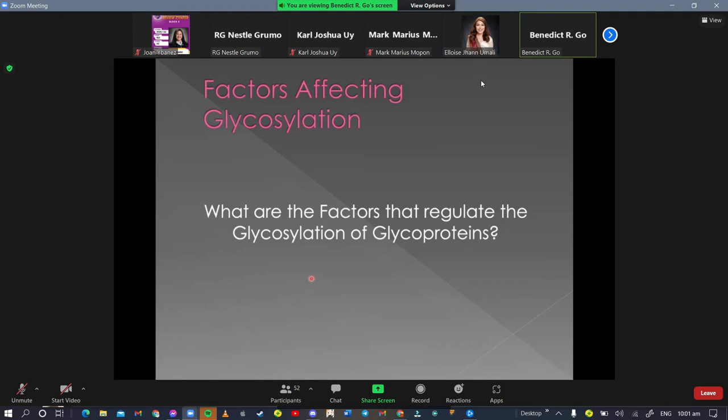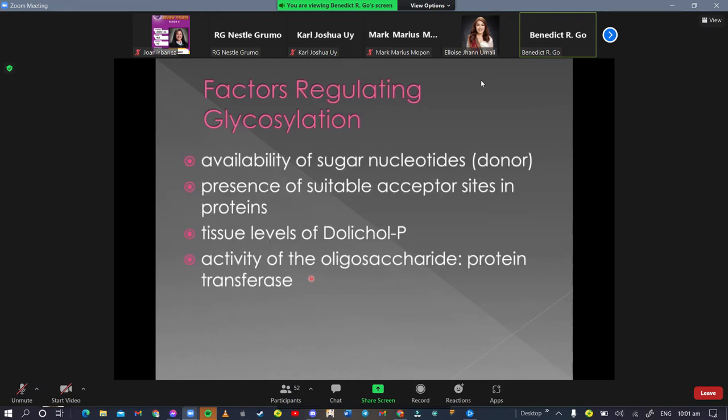Okay. Well, the answers were fine, but the answers were a little bit vague. Thank you, L. These are the factors regulating glycosylation: availability of sugar nucleotides, not just sugar, because Carl said just availability of sugar. You actually need the availability of sugar nucleotides. The sugars are attached to the donor.